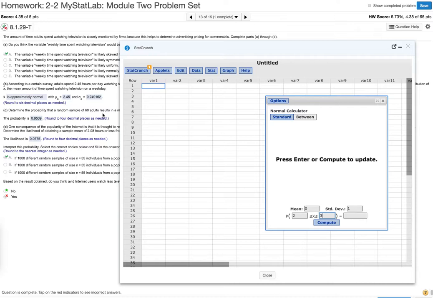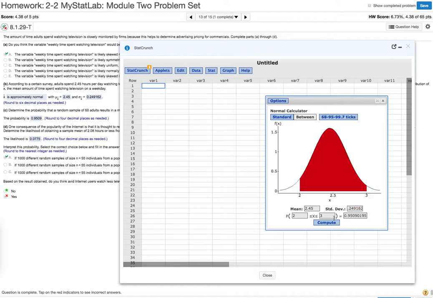Okay, and now the mean we know is 2.45, and then our standard deviation is right here. So 2.45 hours is the mean, and then the standard deviation, 0.249162. And then this will calculate it for us automatically.